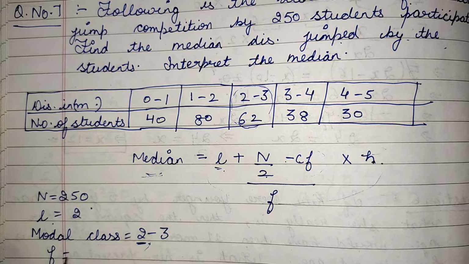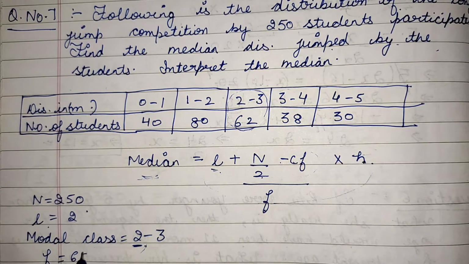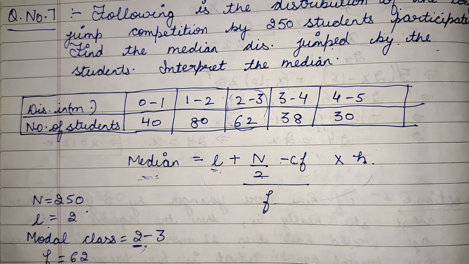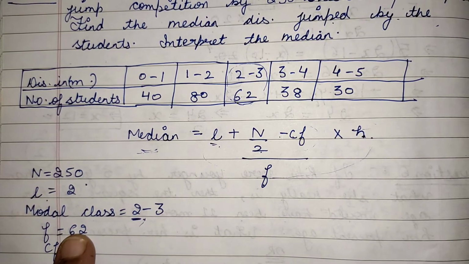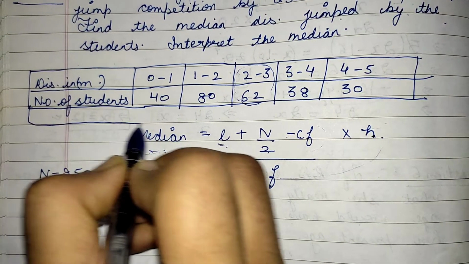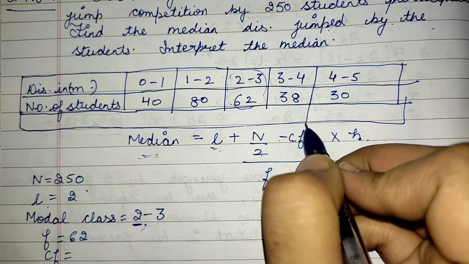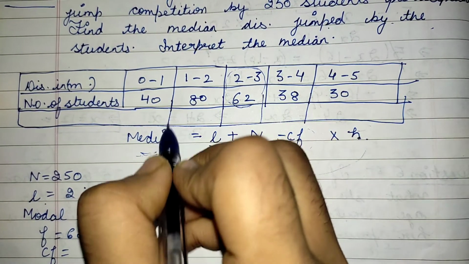Okay, and small f is the frequency of this modal class, and CF is the cumulative frequency of this class. So I have to find the cumulative frequency.